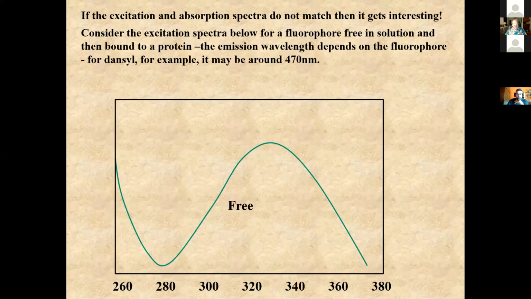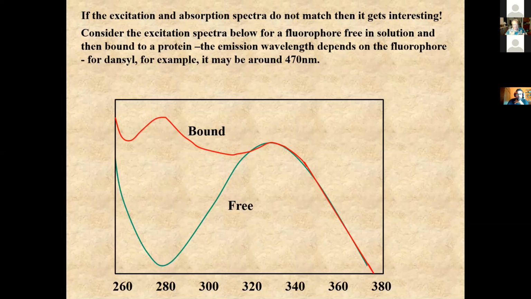For example, consider the excitation spectrum below for a fluorophore free in solution. Then we're going to see, bound to a protein, what could happen. The emission depends on the fluorophore, of course. In this case, I'm looking at a dansyl, naphthalene group, and the emission would be about 470 nanometers, let's say. And this is free in solution, the excitation spectrum, which would match the absorption spectrum. But if we do the same experiment when this dansyl is bound to a protein, you may see something like this.